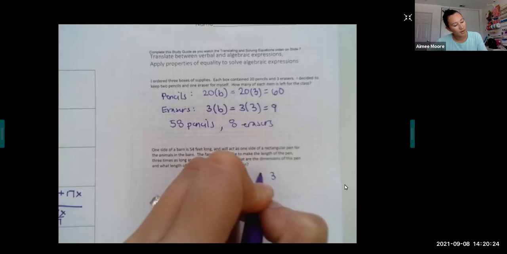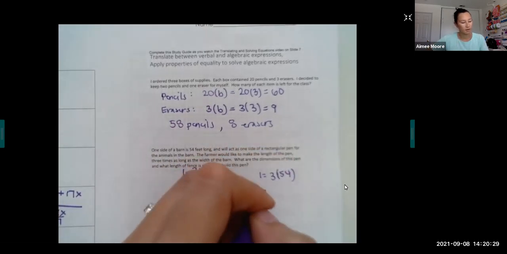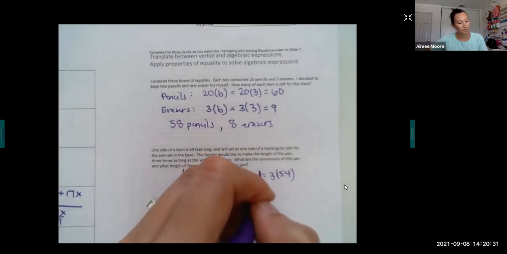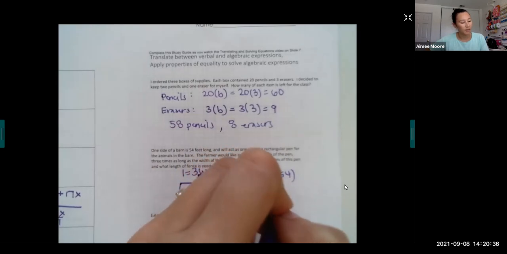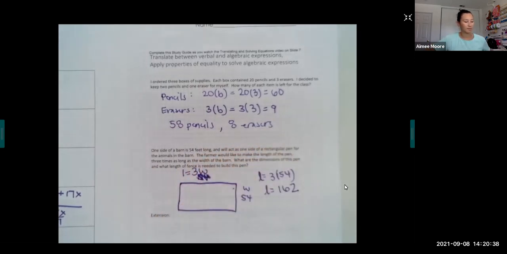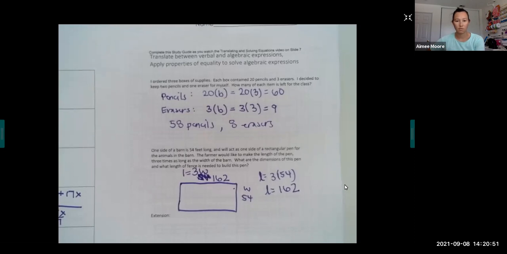So 3 times 54, that would be 162. So then what are the dimensions of this pen? It's going to be 162 by 54.